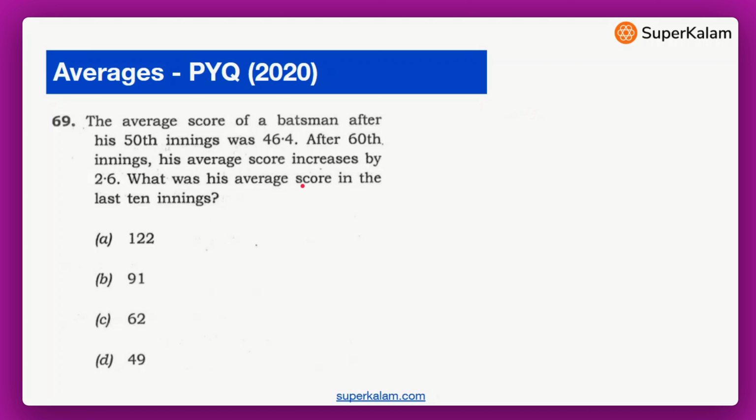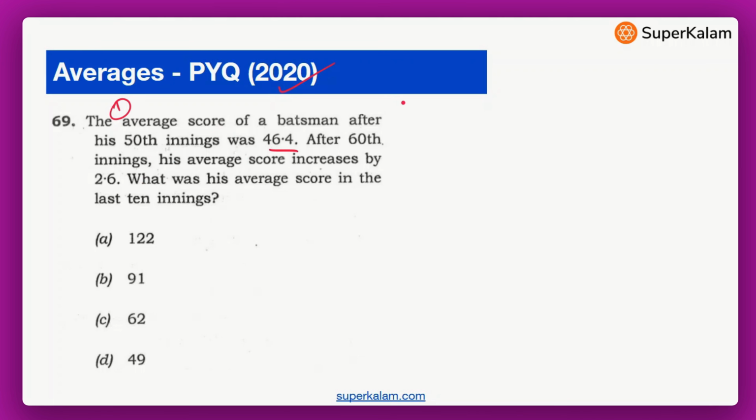Now this question was asked in 2020. It says that the average score of a batsman after his 50th innings was 46.4. So the average score of a batsman after he has played 50 innings was 46.4. What does this first statement mean?